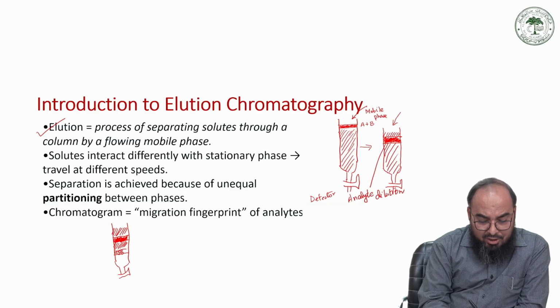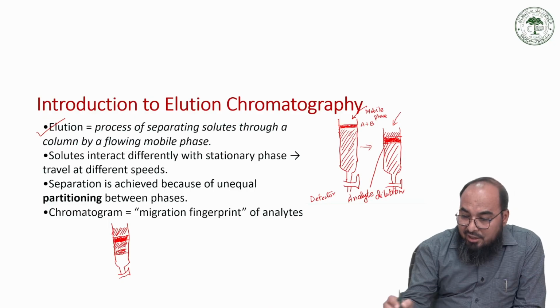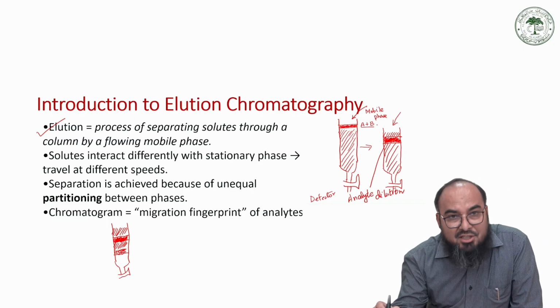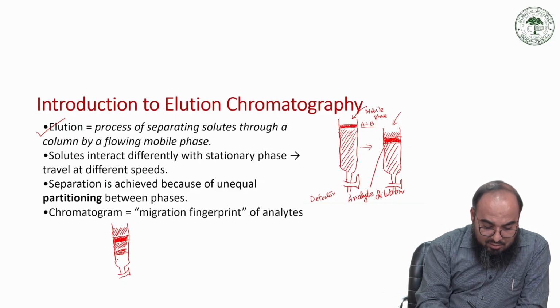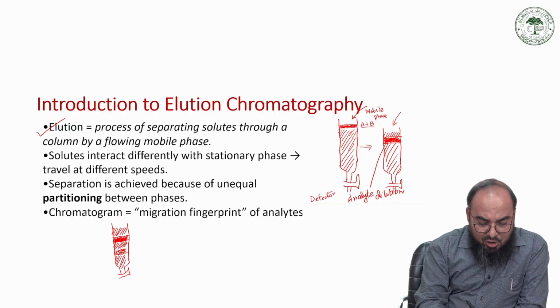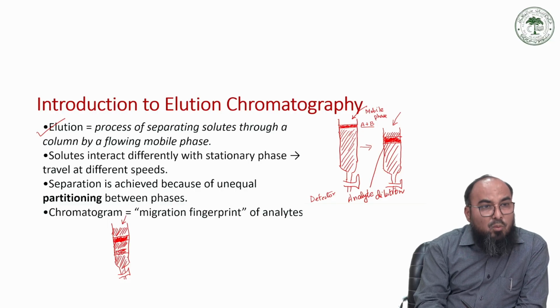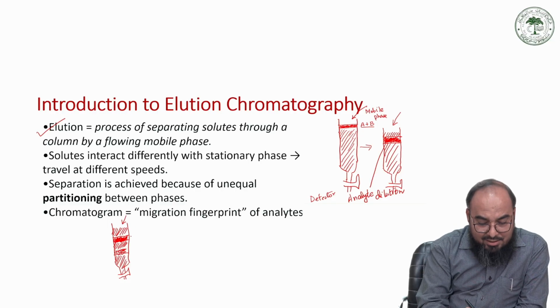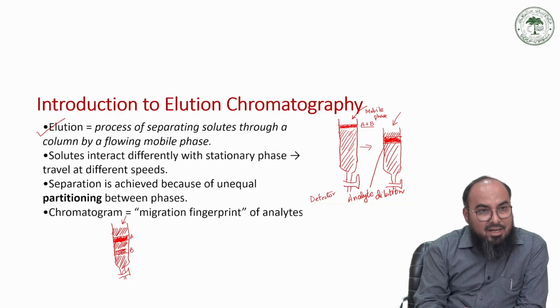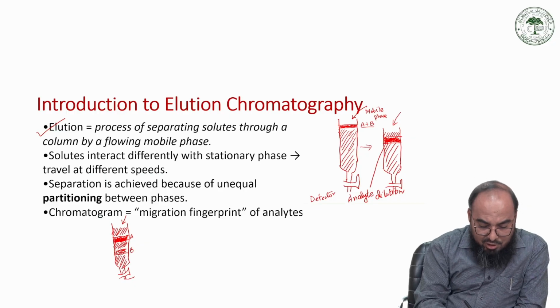For example, initially we have a two-component system, A and B. After a certain period of time, after the continuous addition of the mobile phase, these two bands separate. Let us say this one is A and this one is B, and as I have already told you, the column is connected to the detector.